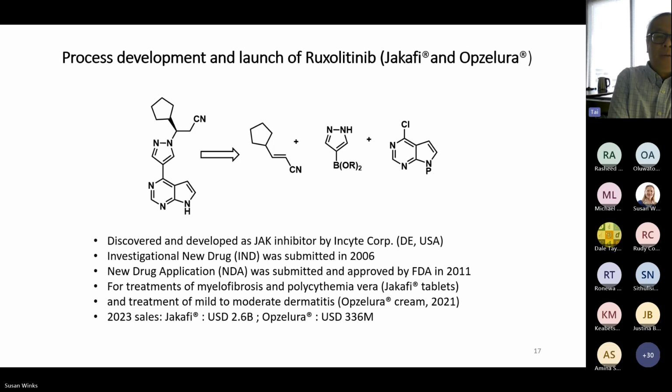So the drug has been quite successful. Last year, the annual sale of Jakafi was close to 2.6 billion, and the cream was close to $330 million. So next, please.